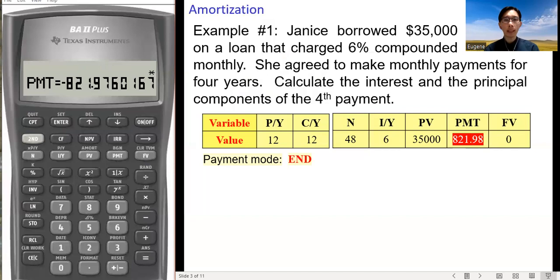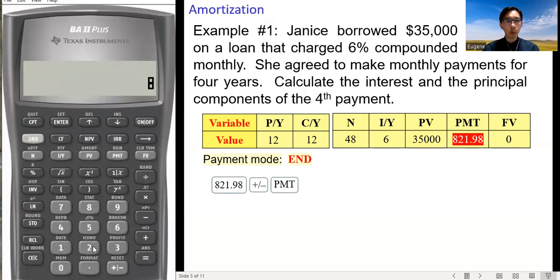We need to re-enter this value again with 2 decimals as PMT, or else the calculator will use all the decimal places stored in the calculator to make subsequent calculation. So we re-enter the number 821.98, not to forget the negative sign, and then press PMT to re-enter the value for PMT again.